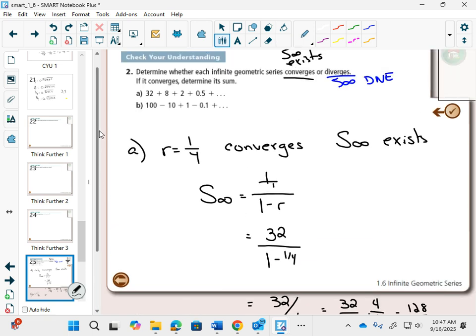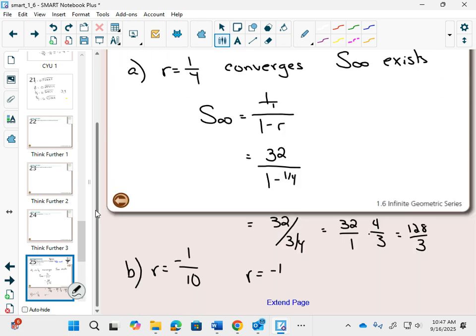If I pick the second and the first one, my second one's minus 10, my first one's 100. And if I reduce this, I get negative 1/10. So I can use any two numbers in a row to find my R value as well. Sometimes you just can see it, but sometimes the numbers aren't being nice to you. Then you can always divide to find it out.